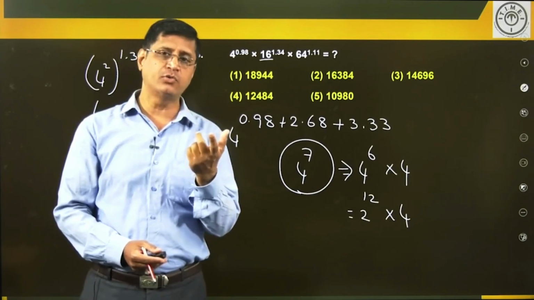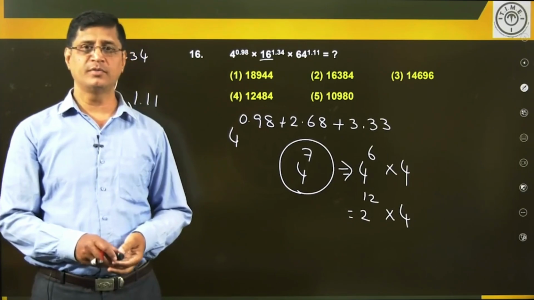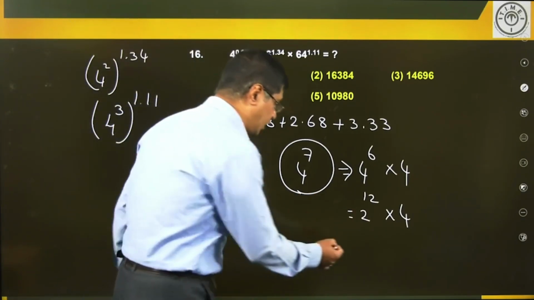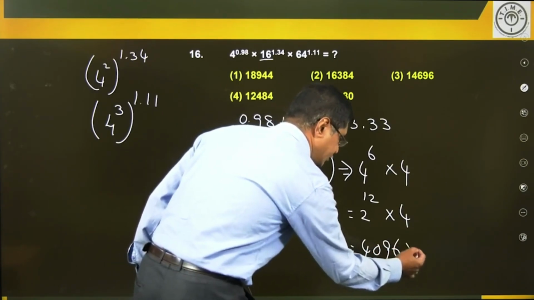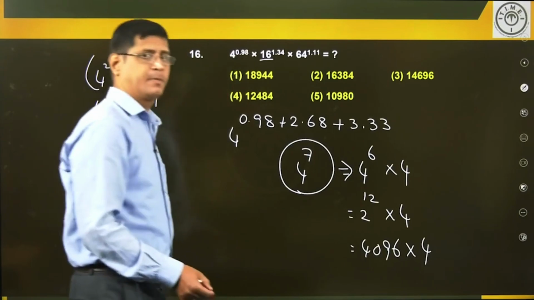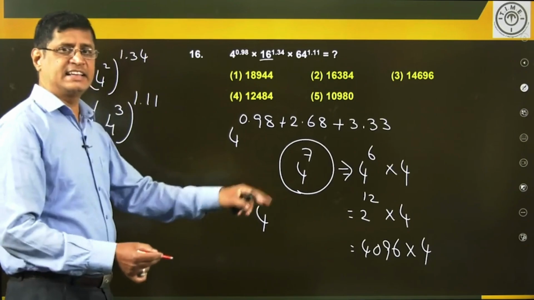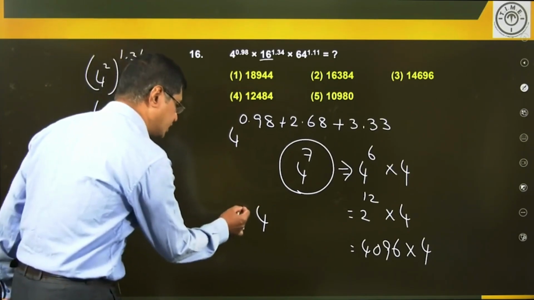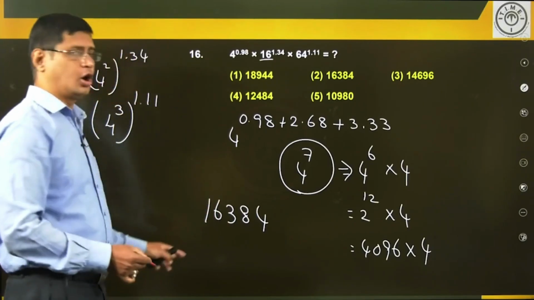What is 2 power 12? 4096. 2 power 10 is 1024. So 2 power 12 means 4096 into 4. Now, just observe. 6 into 4, that is 24. 36 plus 2, 38. 4 into 4, 16. So how much is the value?